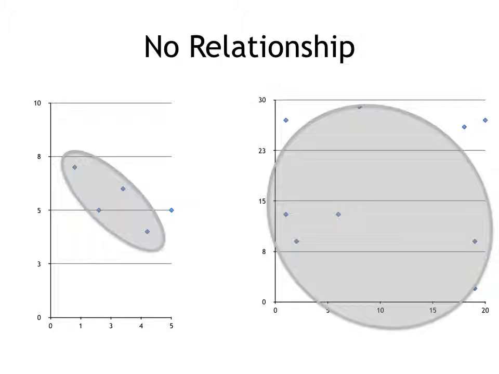Now look at the one on the right. If I try to draw any kind of oval to show a shape or a relationship, it's a nightmare. There's no way I can draw a nice, neat oval that shows a slope going through these scores. The right one actually has a correlation coefficient of -0.05.